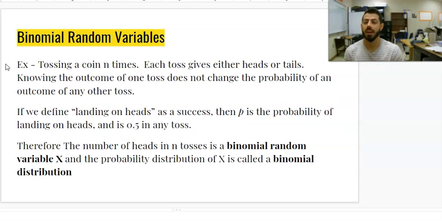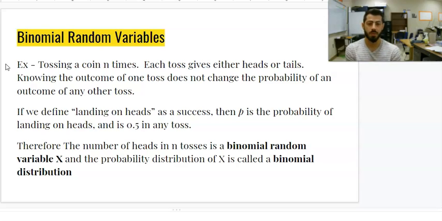For example, if I'm going to toss a coin a certain number of times, let's say 5 times. Each toss is going to land on either heads or tails. And knowing the outcome of the first toss doesn't affect the second toss. So therefore it is binary and it is independent. If we define landing on heads as a success, then the probability of success of landing on heads is 0.5 in any one toss.